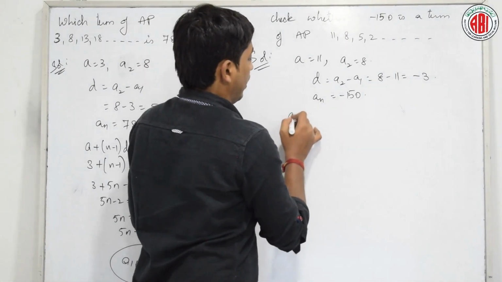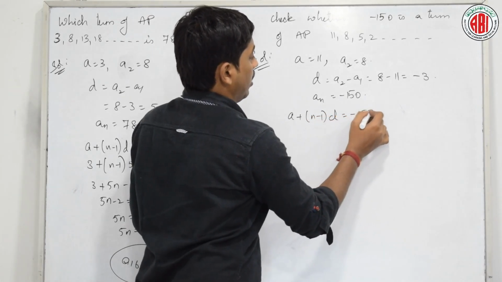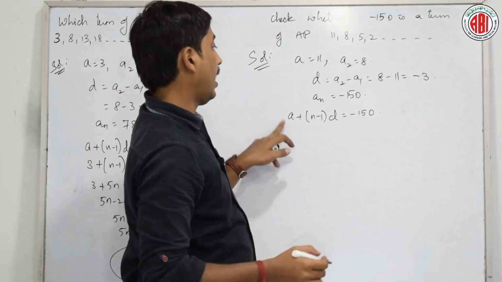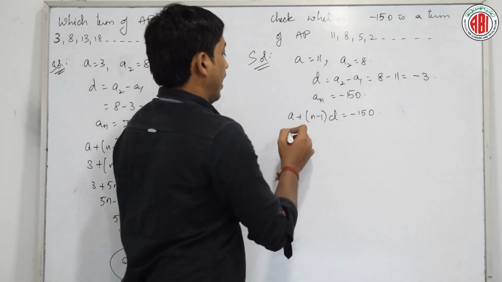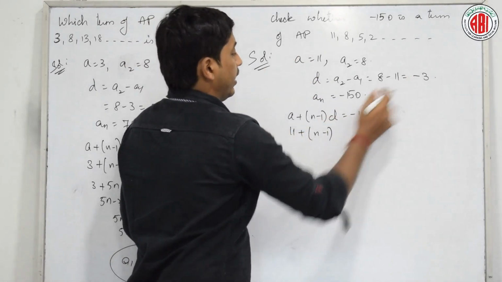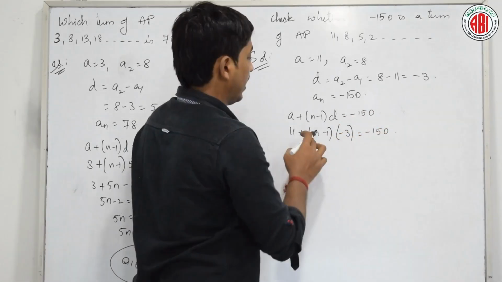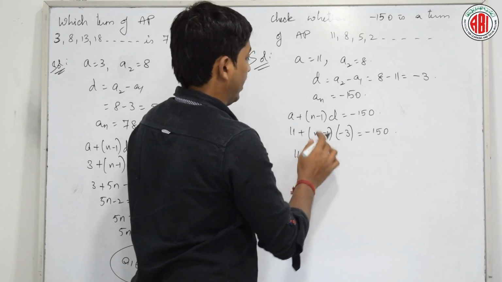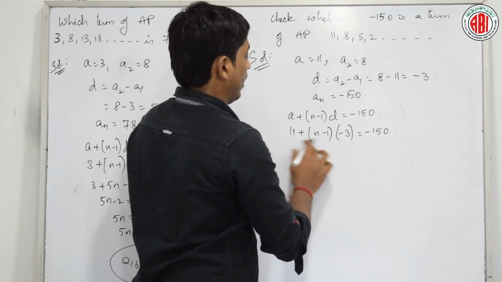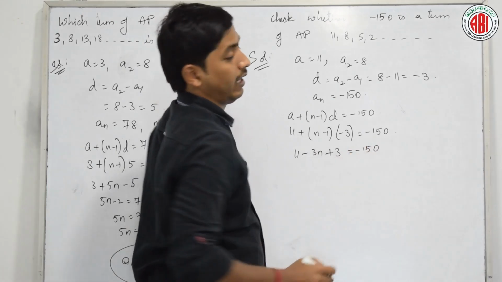What is an? a plus n minus 1 into d. What is a? a is 11 plus n minus 1, d is minus 3, that is equal to minus 150. Let us multiply this. 11 minus 3n plus 3 is equal to minus 150.